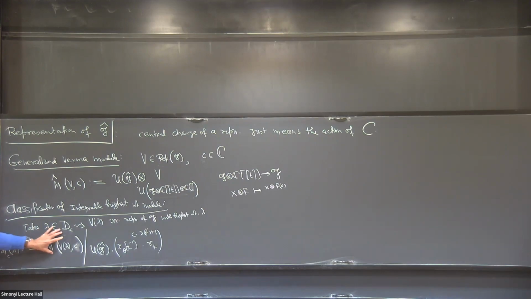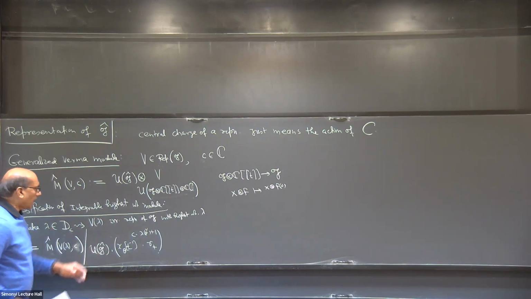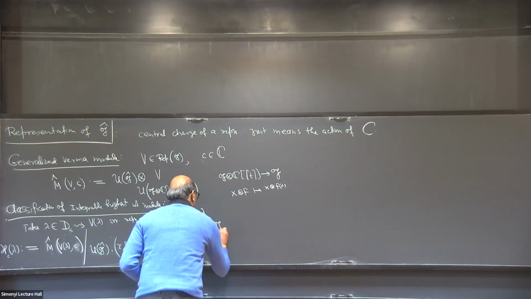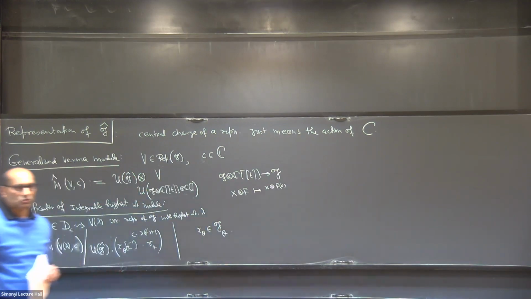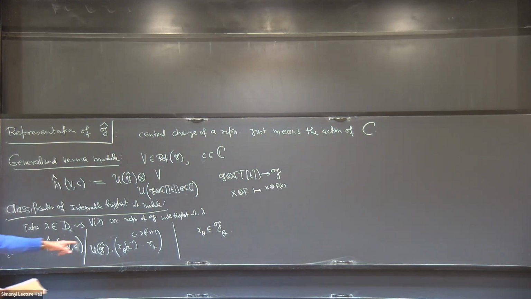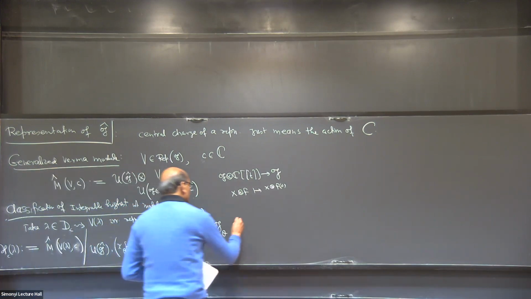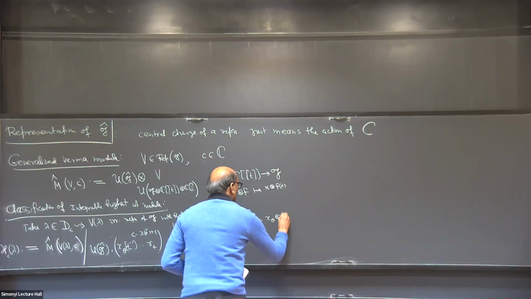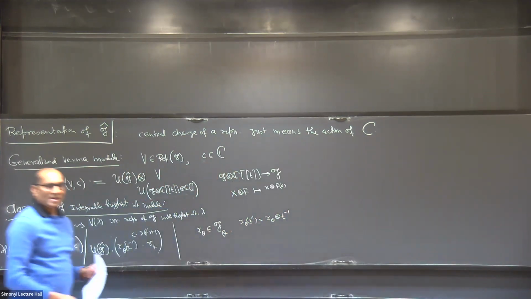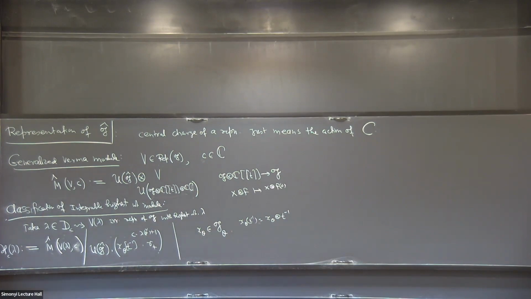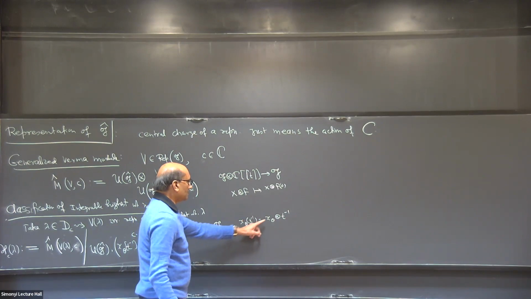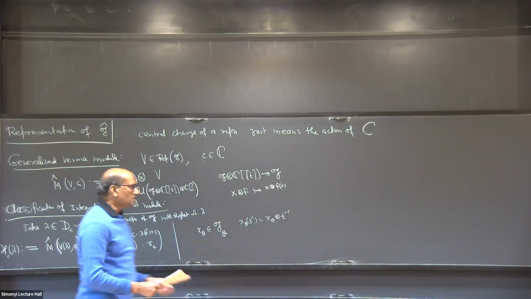So I take this generalized Verma module, and I have to explain what this is. So x theta is a root vector in the highest root space, and x theta T inverse means, I will often make this abbreviation, I will write x theta T inverse, which will mean x theta tensor T inverse.